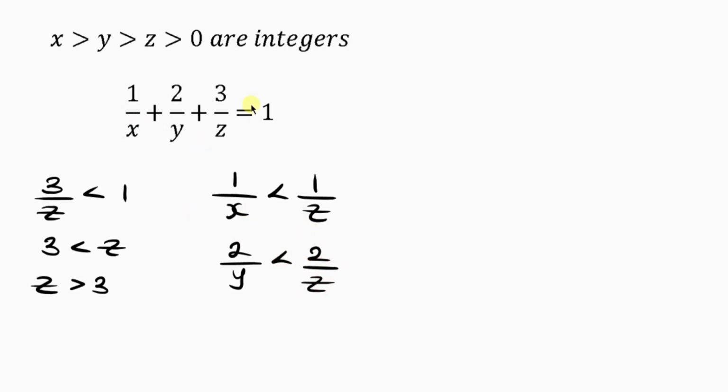So now let's write this expression again. The left-hand side of this expression is less than, wherever I see 1 over x, I'm going to be writing 1 over z, so it's less than 1 over z, plus, wherever I see 2 over y, I'm going to be writing 2 over z, then plus 3 over z.